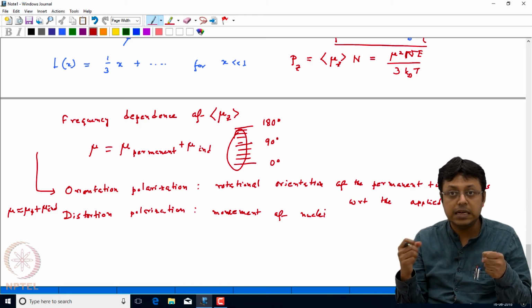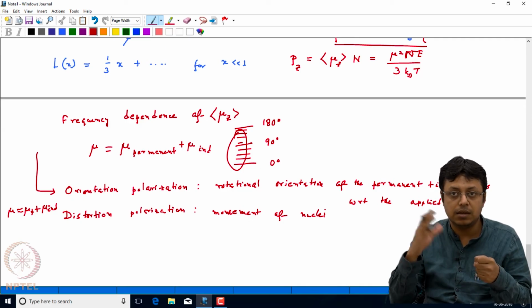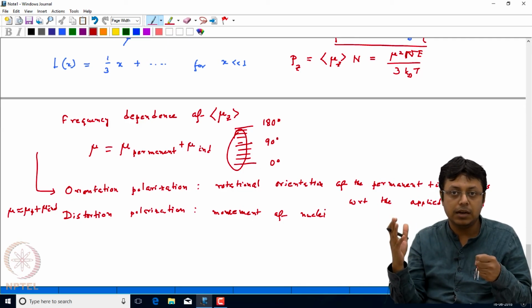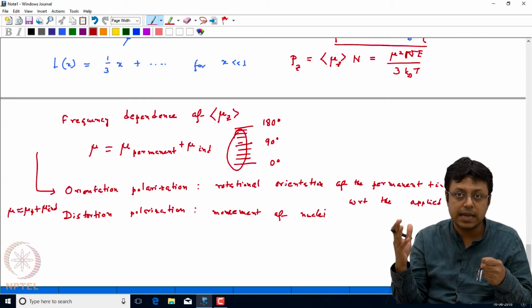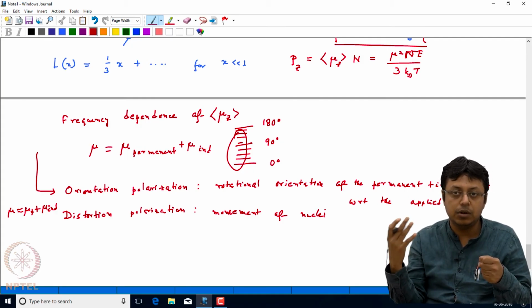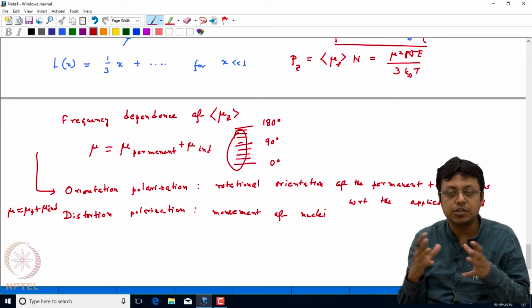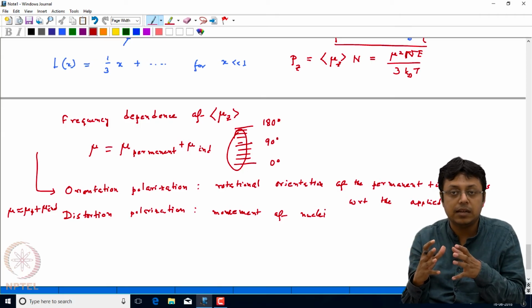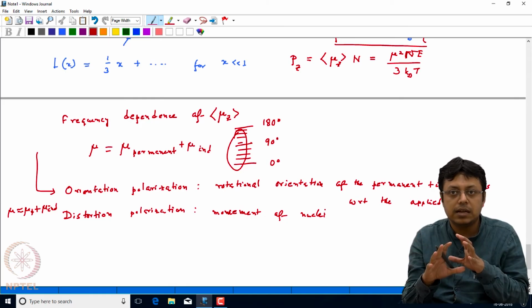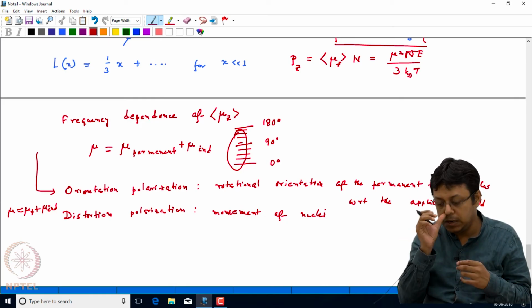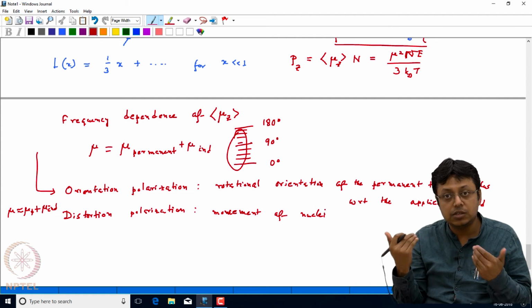If I increase it so much that it is oscillating more than 10 to the power 12 per second, more than terahertz frequency, then the vibrations also will not sense it. It will see the electric field as switching too fast, a kind of zero effect on it. So, then I will also not see the distortion polarization.